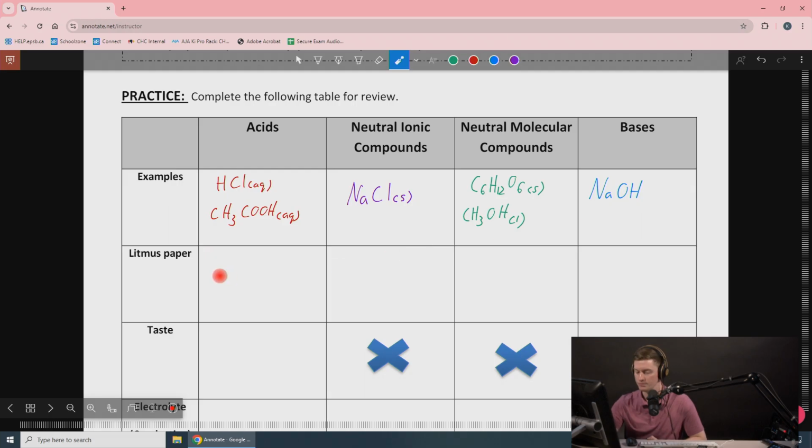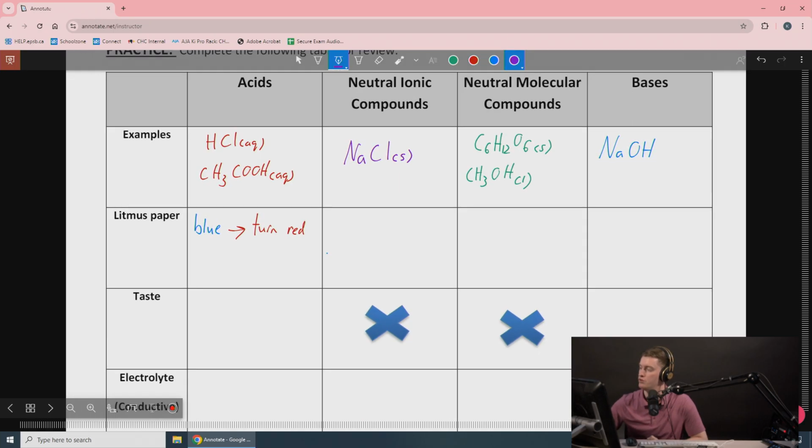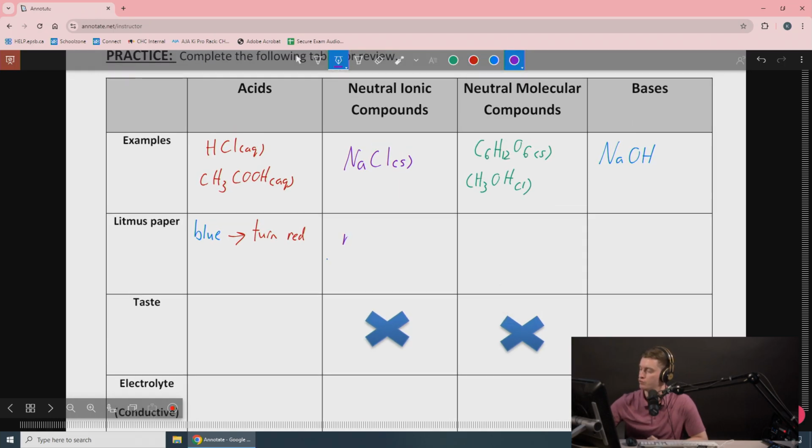For a litmus paper check, if you put blue litmus paper in acid, it will turn red. If you put either color litmus paper in a neutral ionic compound, there will be no color change. If you put either litmus paper in a neutral molecular compound, there will also be no change.